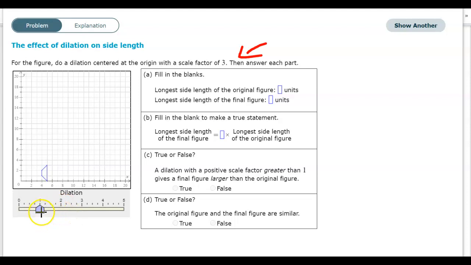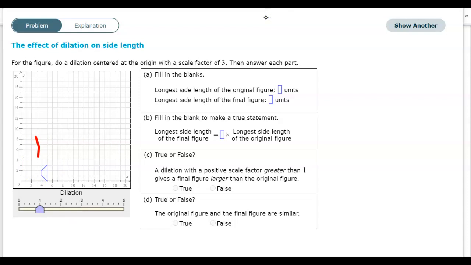But we're going to slide this so we have a scale factor of 3. And when you do so, it's going to multiply each side length by 3. So I want you guys to do that first, and then I believe you're going to have a new image that's going to appear in this general area right there. It's just going to be 3 times the size of that one.